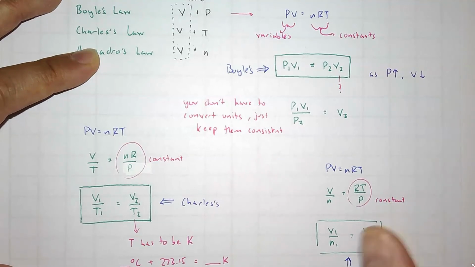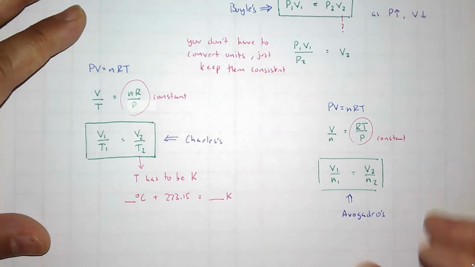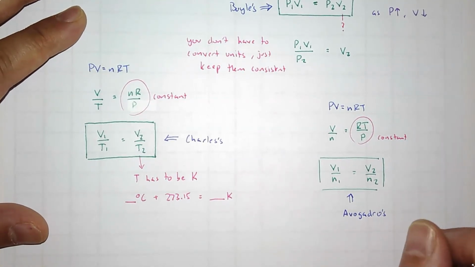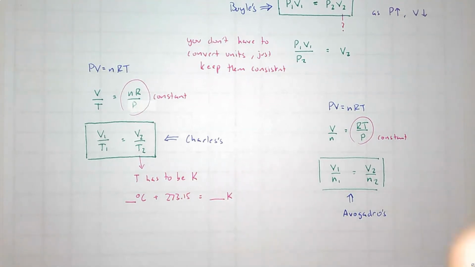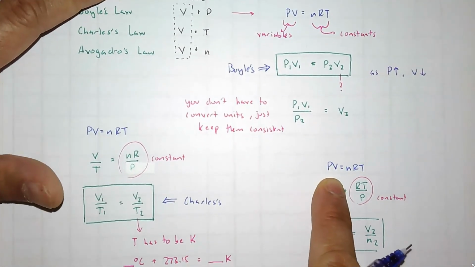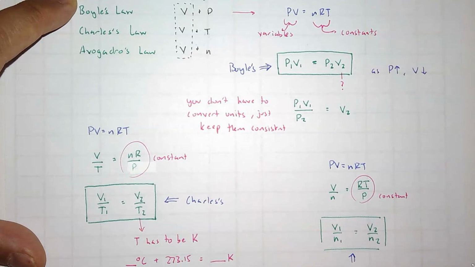Now, there are other laws. There are a couple of other laws that I'm not going to go through here. There's Gay-Lussac's, and then there's the combined gas law. Again, we're not going to go over that here. But if you know what you're relating, just start with PV equals nRT and get the variables on the left and the constants on the right, and you should be good.